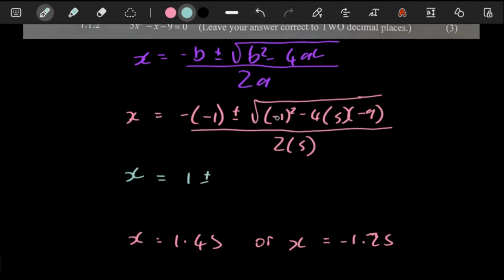And then you can just put all this in the calculator, because why risk it? -4 times 5, multiplied by -9. What does that give us? Something very interesting. It's giving us 1/8.